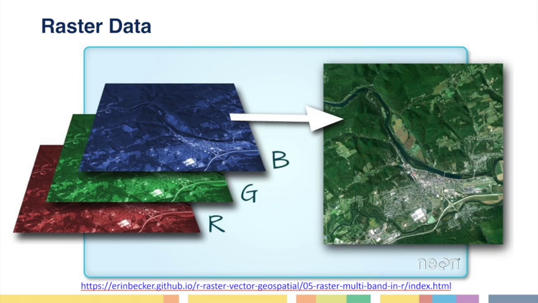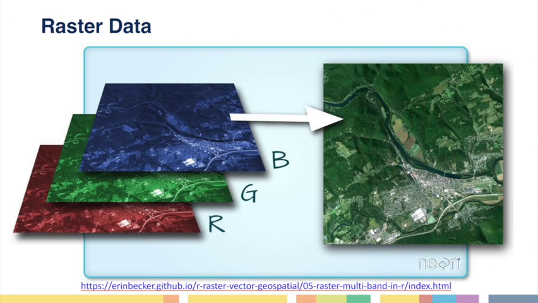So the layer does not necessarily have to represent a different type of color or light. This can also represent other types of variables. For example, if I'm working with soil data, I can have a raster that has a layer for organic matter, another for pH, and so on and so forth.